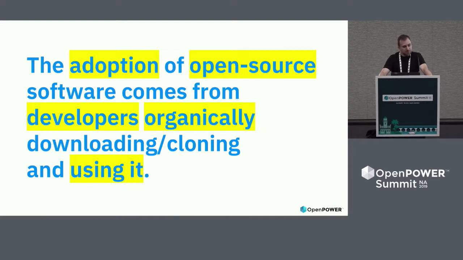So making developers' lives easier and ensuring that they can have access to Power is critical, so they can add support as part of their working day without too much effort. I would say that at least we should be providing easy access so they can do the multi-arch work without any big issues.